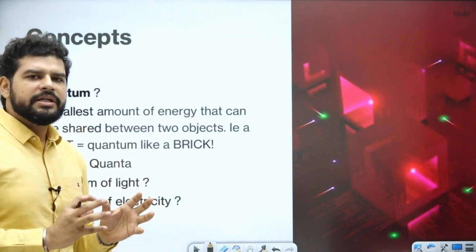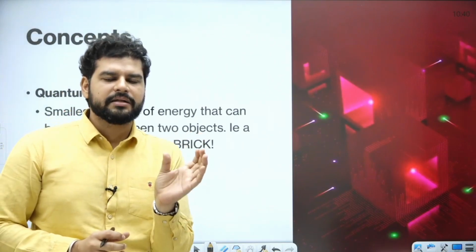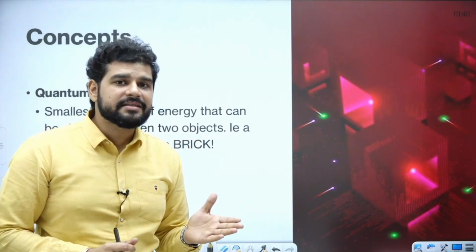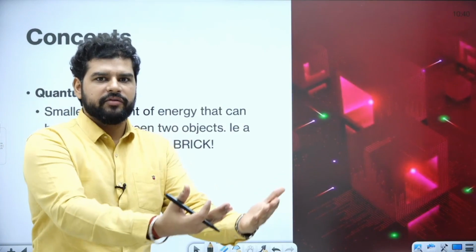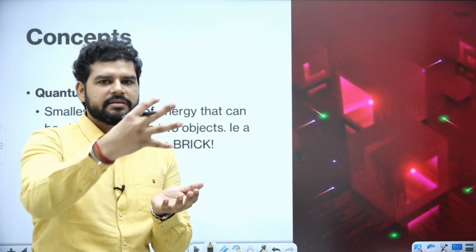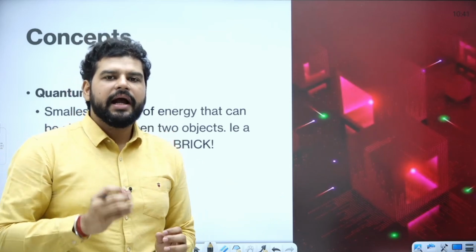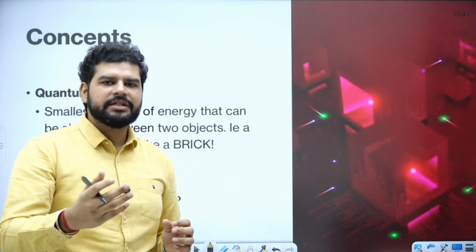So what is the meaning of the word quantum? The word quantum means the smallest part of something. For example, in economics, you must have heard this term, quantum of funds is given, right? So quantum of funds, a collection of funds, is given. So quantum means one part, and the plural of this word is quanta.